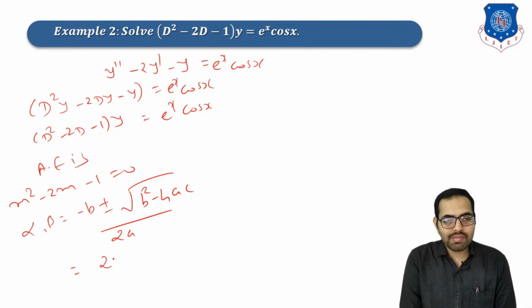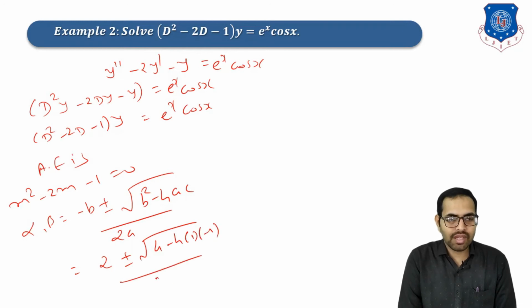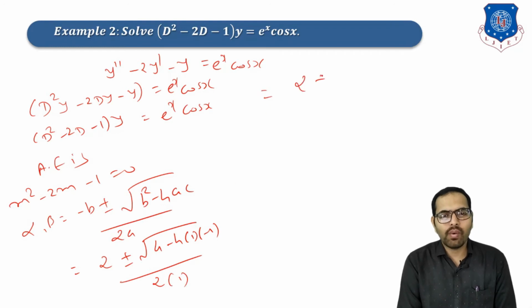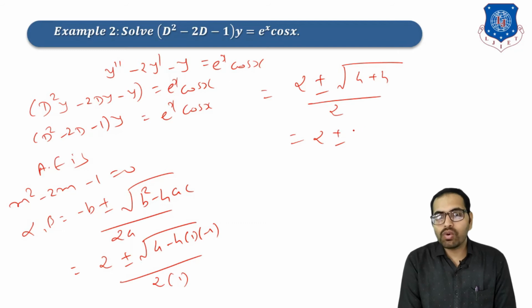Now minus b, that is minus minus 2, plus or minus root of b squared, that is 4, minus 4ac, that is minus minus 4, divided by 2 into a, that is 1. Now here 2 plus or minus root of 4 plus 4, that is root 8, that is 4 times 2, so 2 root 2 divided by 2, then 2 will be cancelled out, so 1 plus or minus root 2.